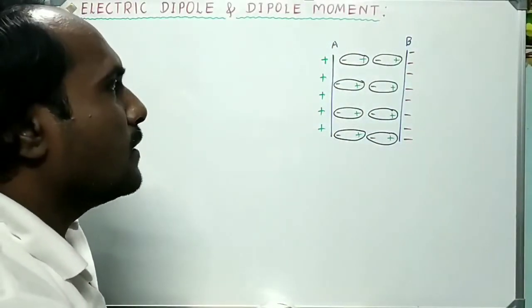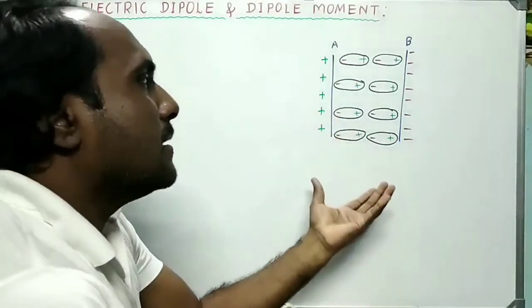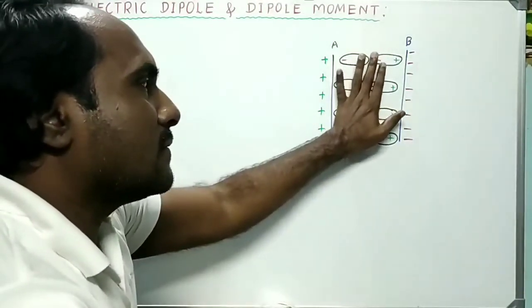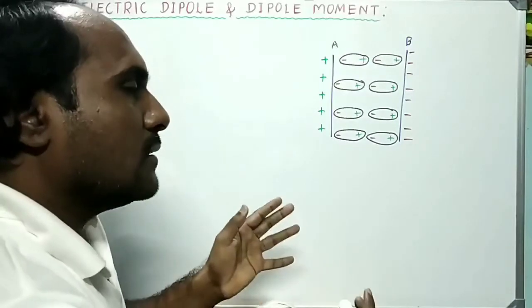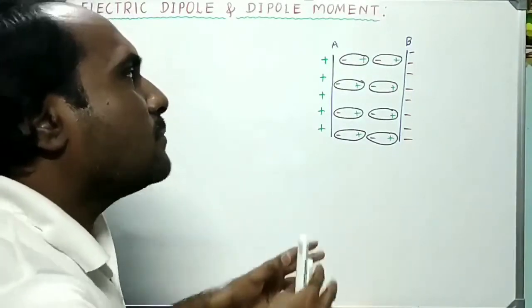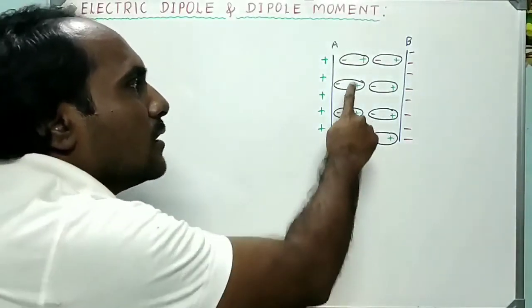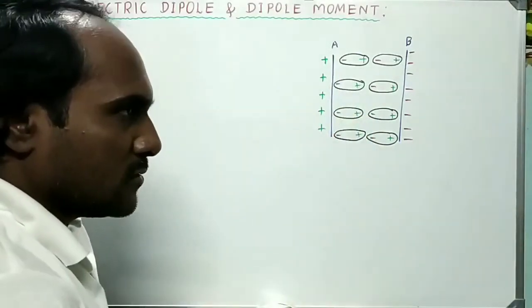In this way, when a medium is placed in an electric field, the molecules present in that medium contain equal numbers of positive and negative charges.